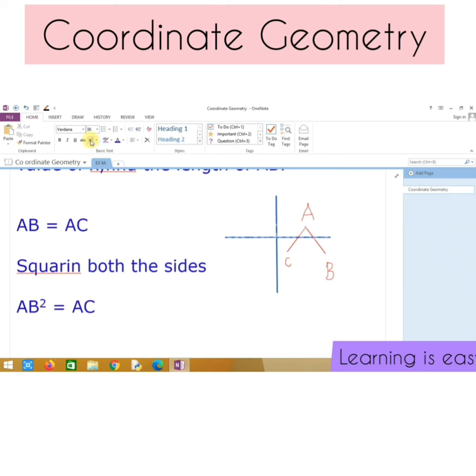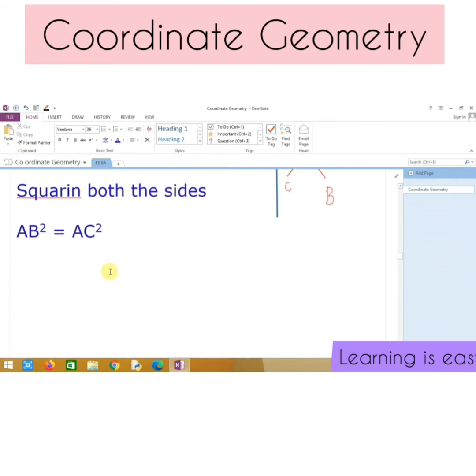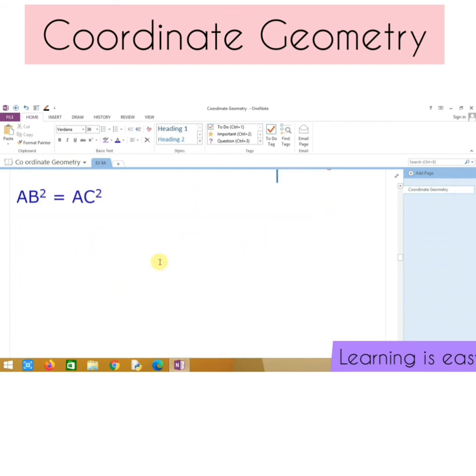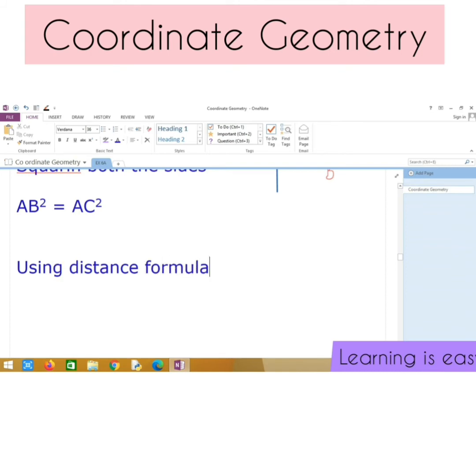And we can find AB square and AC square by applying the distance formula, by considering both the points A and B, and A and C. So using the distance formula, we can find what AB square equals and AC square.